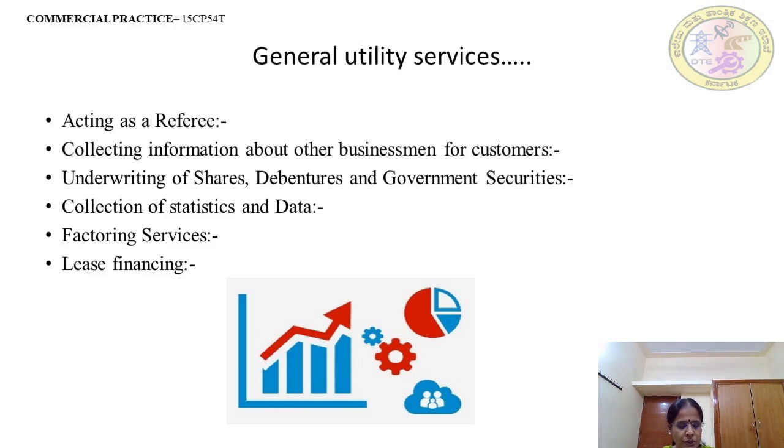The primary functions of the bank were receiving deposits, lending of funds, investment of funds on securities, and creation of money. We also learned that it performs secondary services, and those secondary services were further divided into two categories, that is agency services and general utility services.